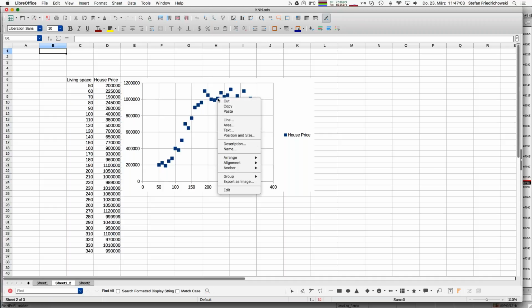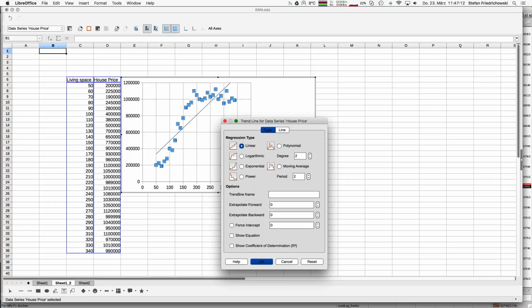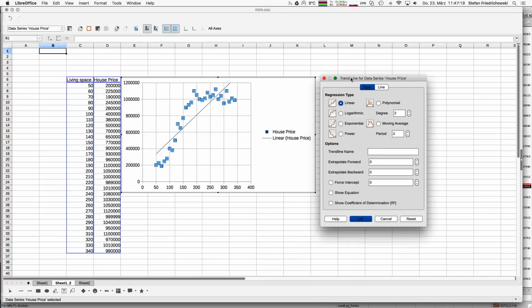In this case, let's first try what we have done before. We built a trend line here, and of course, that trend line is not good. We saw that already by eye.